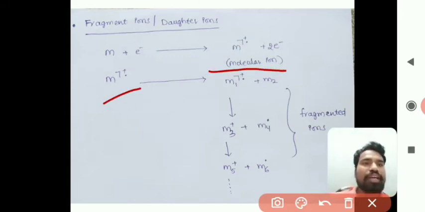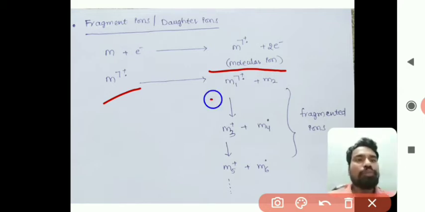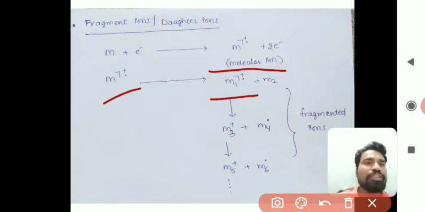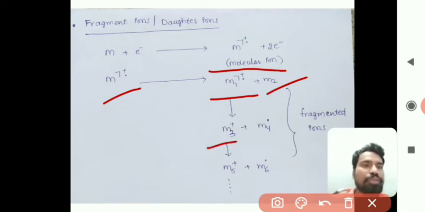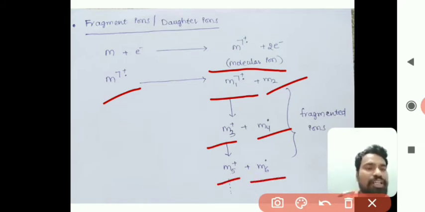This molecular ion undergoes fission and forms M1 plus dot, that is an M1 radical cation, plus an M2 molecule. This M1 plus dot radical cation further undergoes fission into M3 plus and M4 dot, and this undergoes fission into M5 plus and M6 dot. This process goes on until we get small cations which cannot undergo further fragmentation. This is called the fragmentation process, as we have already discussed.